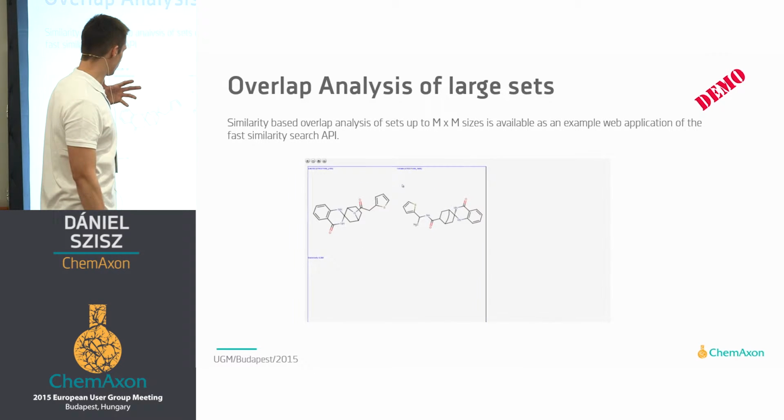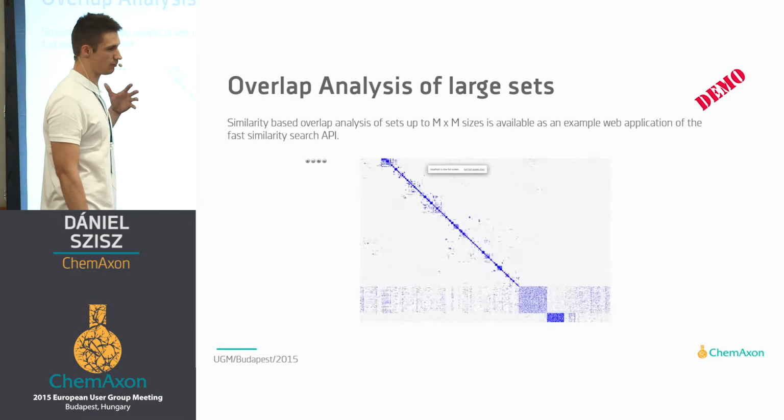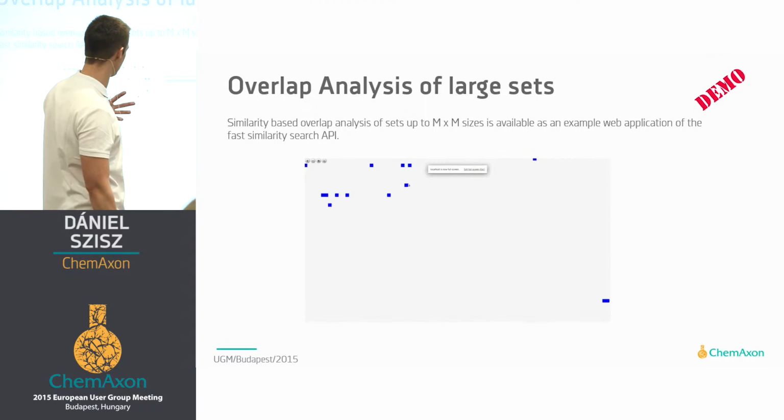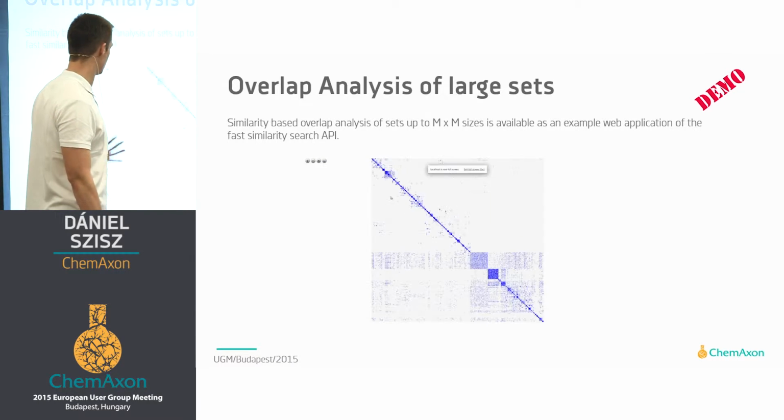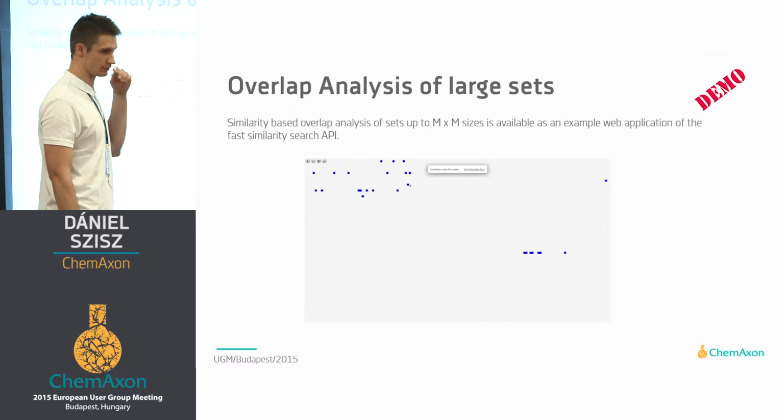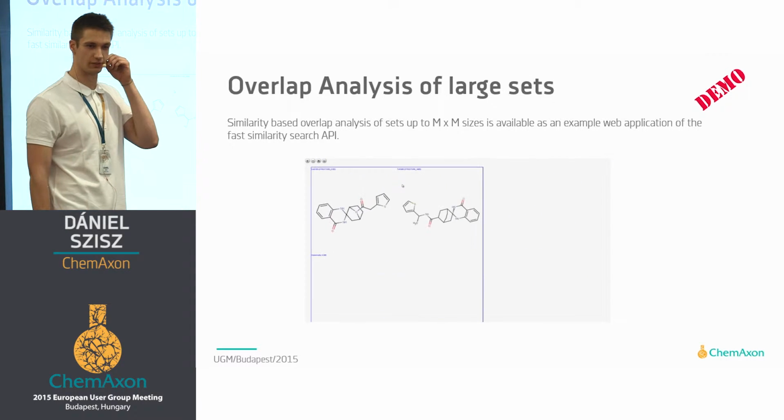It gives you some kind of map which can be enlarged, and the hit pairs can be viewed as you zoom in on the different parts of the map.